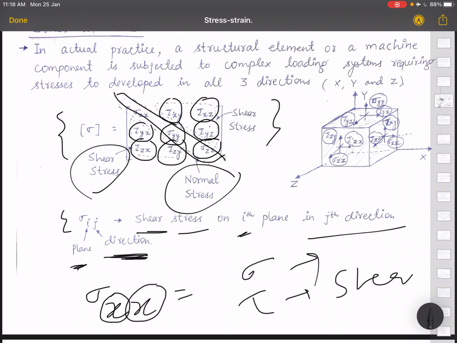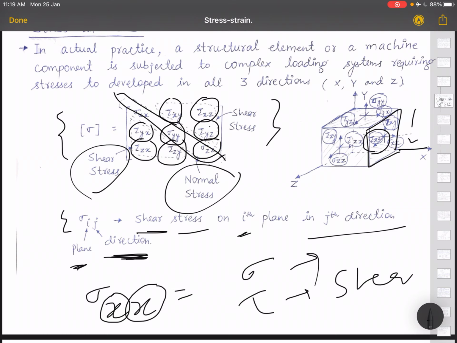You can see here this is sigma xx, this is the x axis, and this plane is perpendicular to the x axis. Clear? So if in this plane the stress is along the x axis, then it will be xx. If it is along the y axis, then it will be xy, and if it is along the z axis, it will be xz.